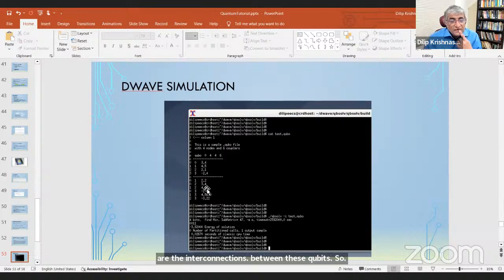The number of interconnections is n choose 2, so 4 times 3 by 2, so 6. So 0-1, 0-2, 0-3, 1-2, 1-3, and then 2-3.